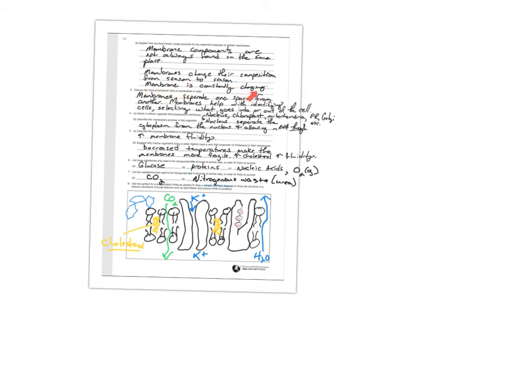The membrane is constantly changing, and the way we explain it is that there's this phospholipid bilayer. That's also one of the observations we make, that membranes are made of a lot of phospholipids, with a hydrophobic portion, the tails, and a hydrophilic portion, the heads.